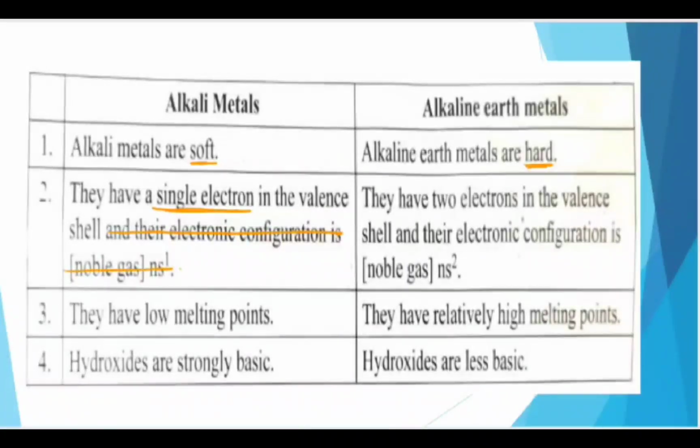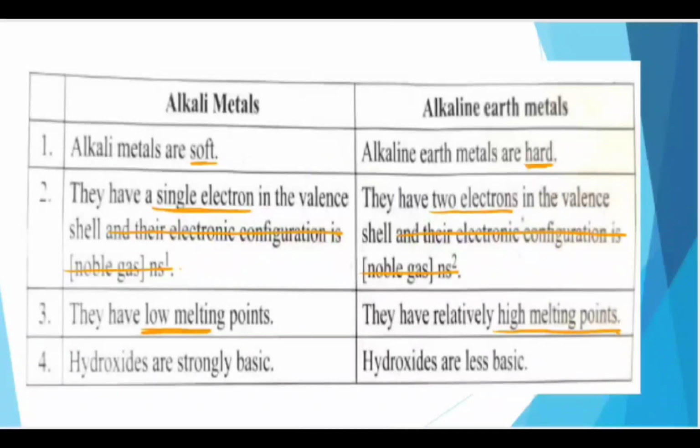Whereas alkali earth metals have 2 electrons in their outermost shell. Alkali metals have a low melting point as compared to alkali earth metals, so alkali earth metals are comparatively stronger and harder and have relatively high melting points.